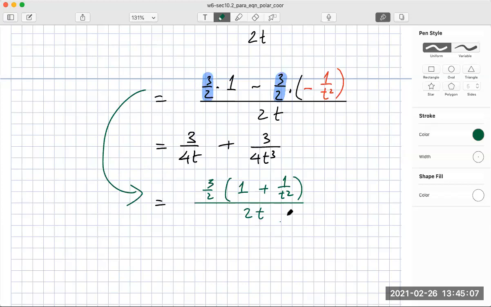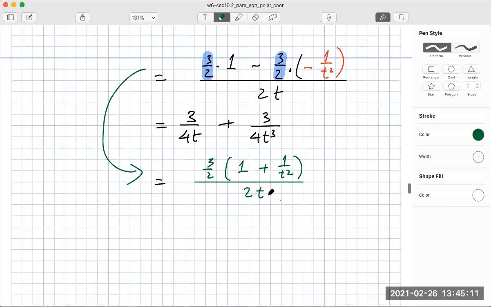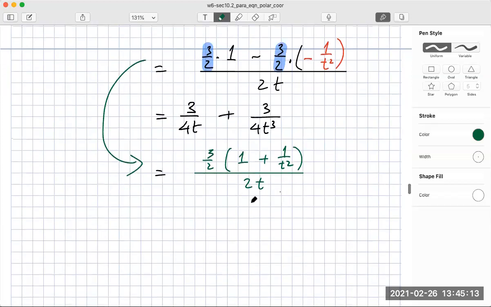Okay? They're the same. Can we simplify it further? We can continue from either here or here.